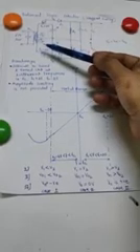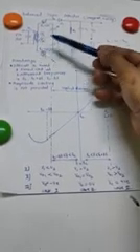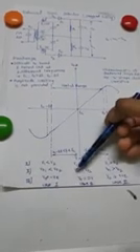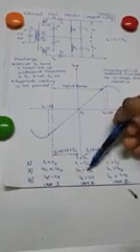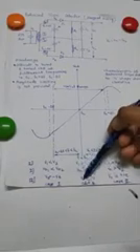At that time the voltage induced at T1 is equal in magnitude to the voltage induced at T2, but they are opposite in direction. So V1 is equal to V2. In that case VO1 is equal to VO2 and the overall output voltage is 0 volt.